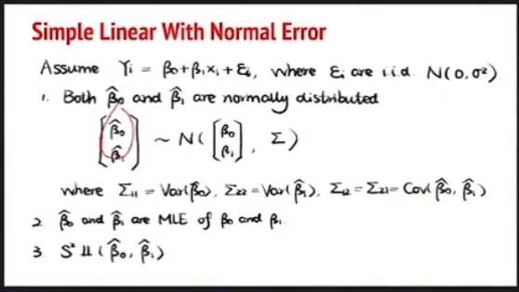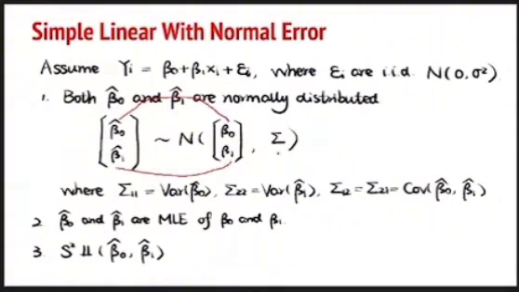I'm looking at it in a bivariate case. Beta naught cap follows a normal distribution with mean beta naught, because beta naught cap is unbiased. So the expected value of beta naught cap is beta naught, and the mean of beta 1 cap is beta 1.